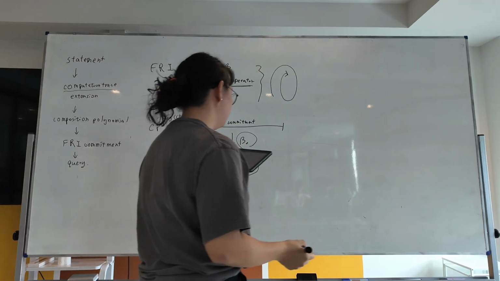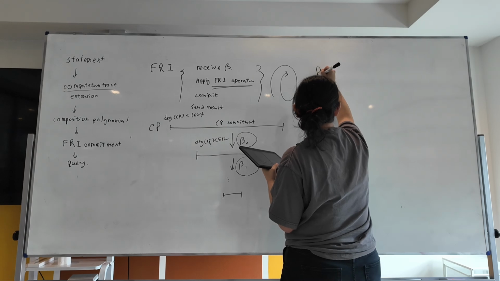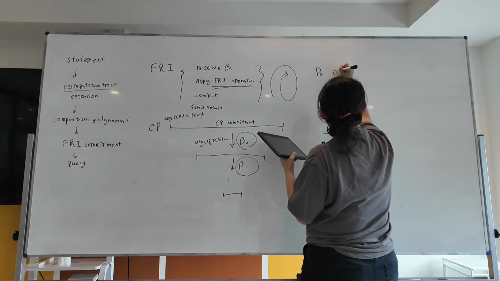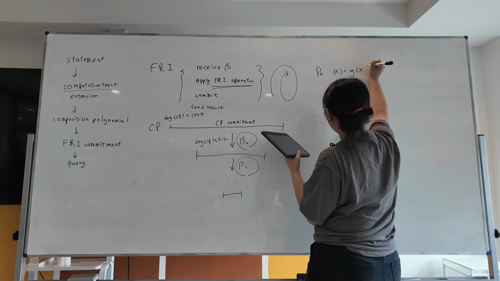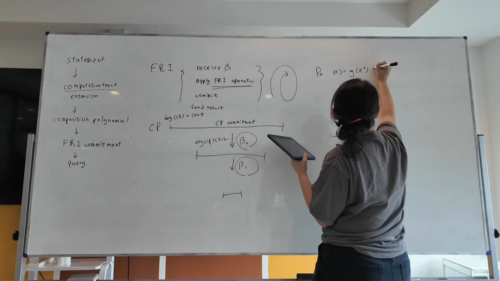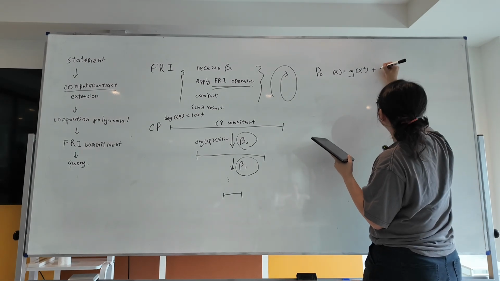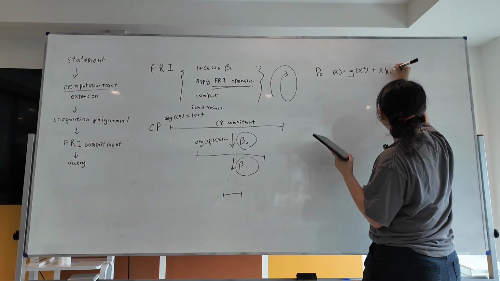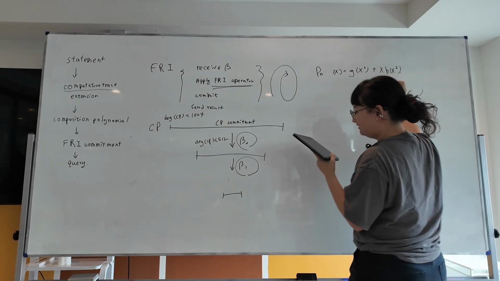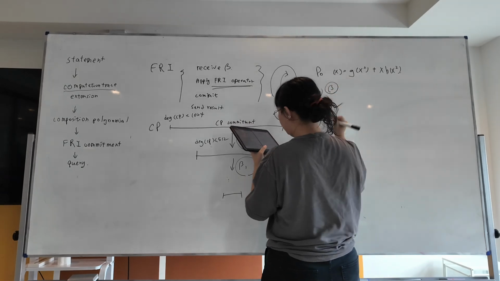And what the FRI operator actually is: if we have a P0, a polynomial 0, we separate the polynomial into the even coefficients, the even part, and the odd part. And then we get a random beta.